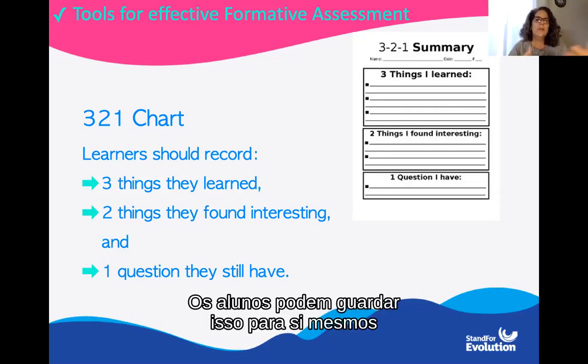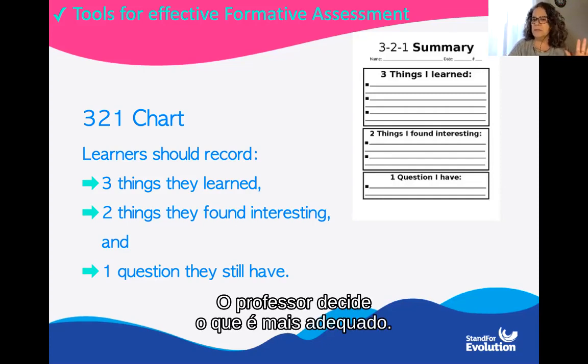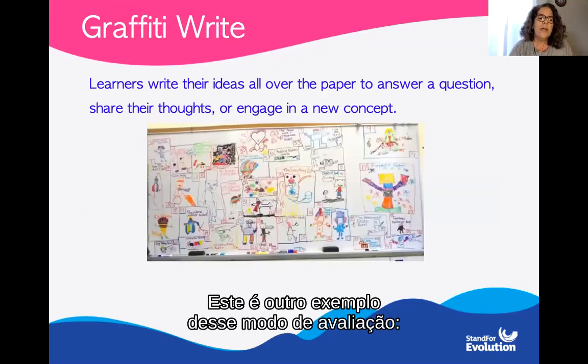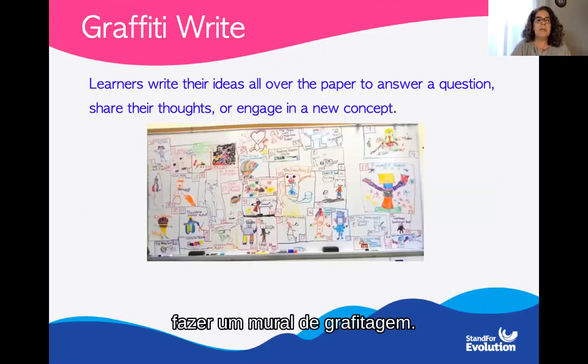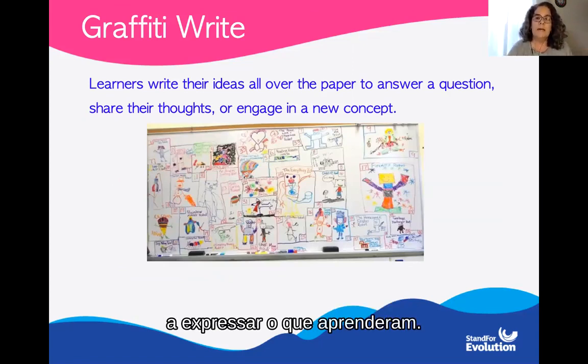And so learners can keep that to themselves or share it with a group as the teachers feel is suitable. The other way of assessing, in this is another example, might be having graffiti writing. So the learners are invited to, through graffiti writing, express, show what they have learned.